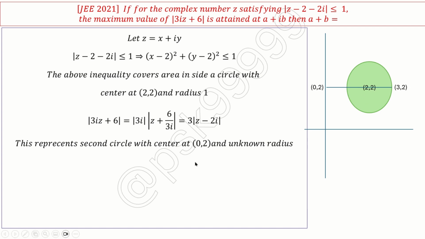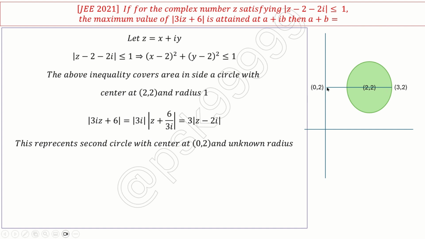Now the question is, if you have a circle with (0, 2) as center and this green area is your solution set, what is the maximum circle you can draw to a point where a plus ib is attained? That maximum point is a plus ib.